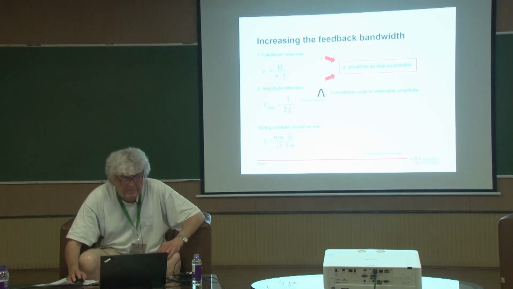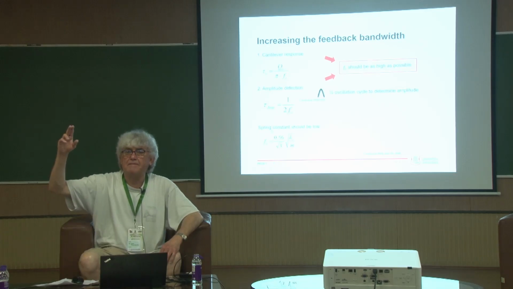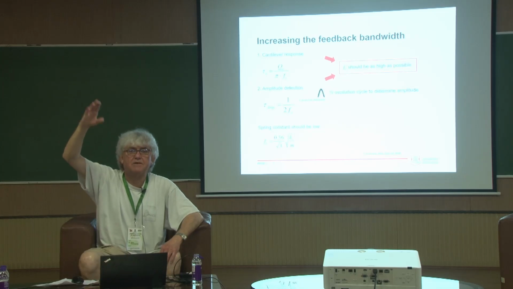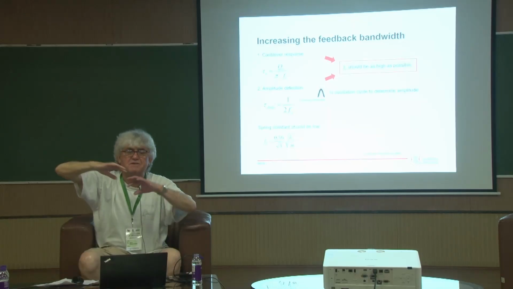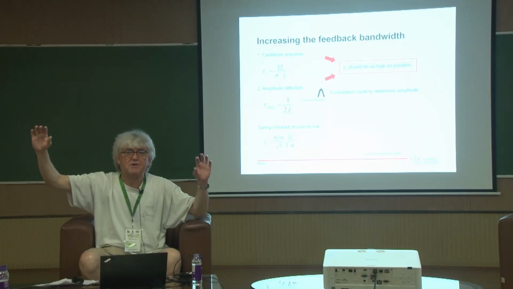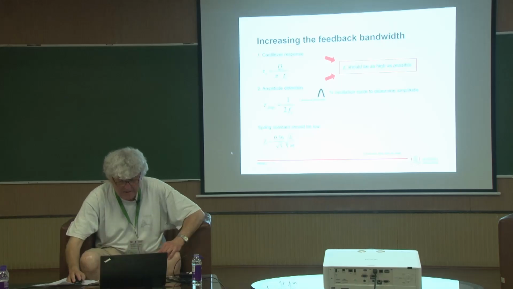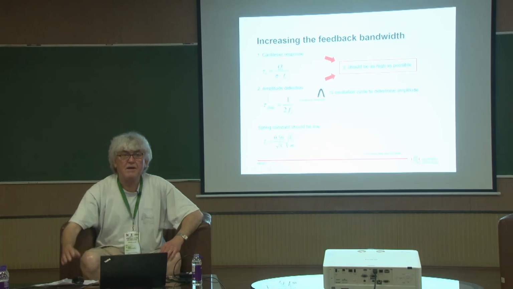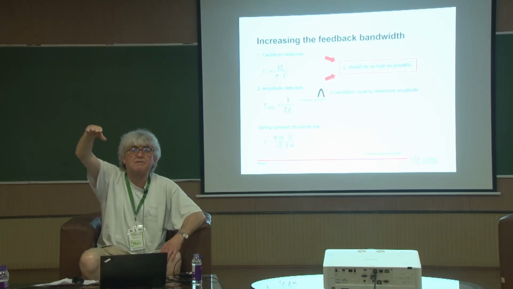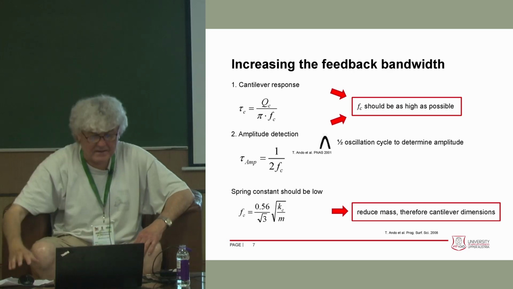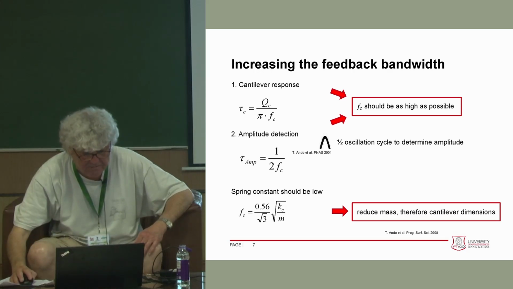But at the same time, the spring constant should be low, because you want to be sensitive. You're detecting biological samples. It's easy to increase the resonance frequency: you just make the cantilever stiff, but this is what you don't want. This is the spring constant of the cantilever, and there is also a correction factor for a rectangular cantilever, because we don't have a point mass.